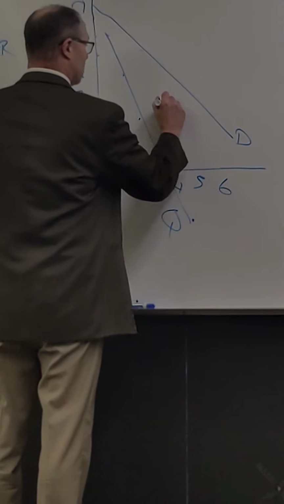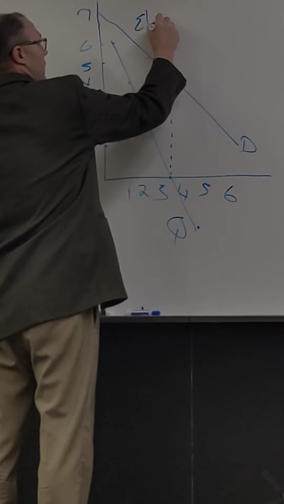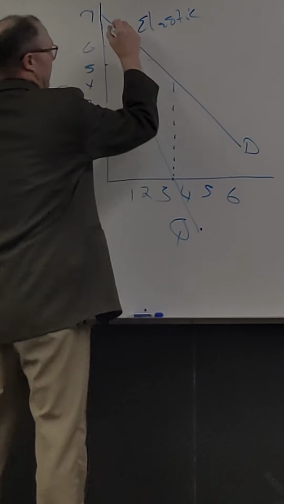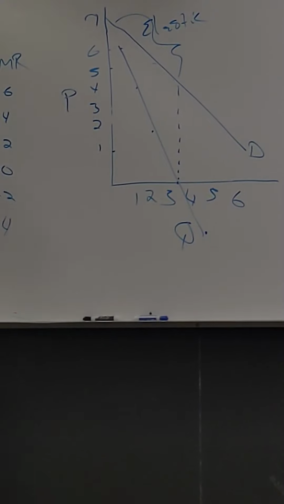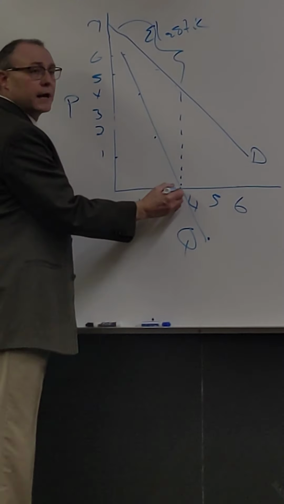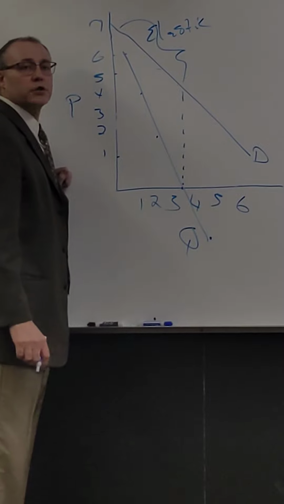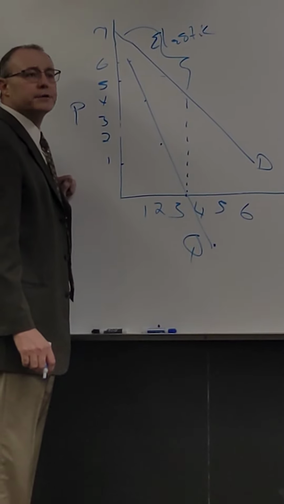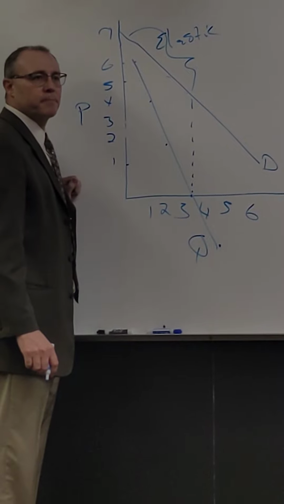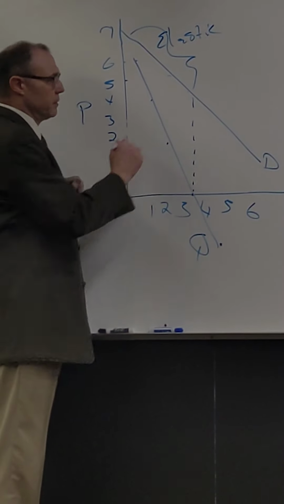This is going to be the what? Elastic section of the demand function. Do you think there's going to be a question about this x-intercept with that marginal revenue function? Yeah, there is. And now everybody understands what it represents. That's the elastic region of the demand function.